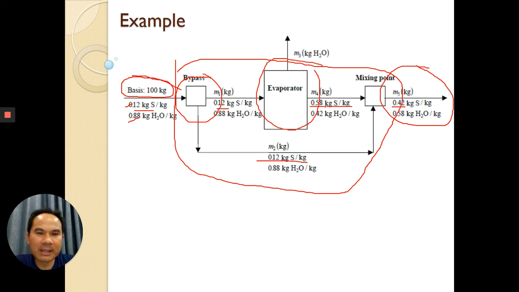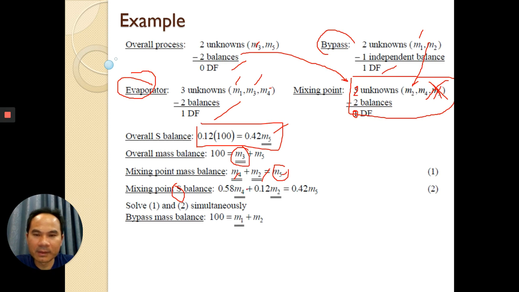Input is 0.5 multiplied by M4 plus 0.12 multiplied by M2, equal to 0.42 multiplied by M5. This input equals output. You know M5 already, the unknowns are M2 and M4, and with two equations you can solve this and get M2 and M4.